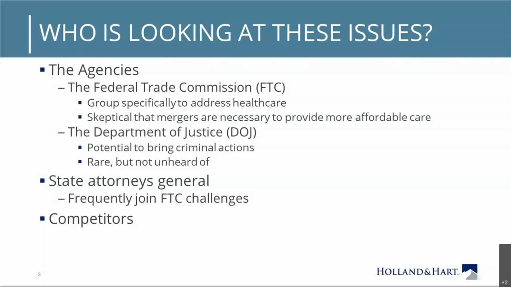And so he was indicted as a result of that, and was also indicted for obstructing the FTC's investigation into that conduct. So this can be an area where criminal actions are in play.